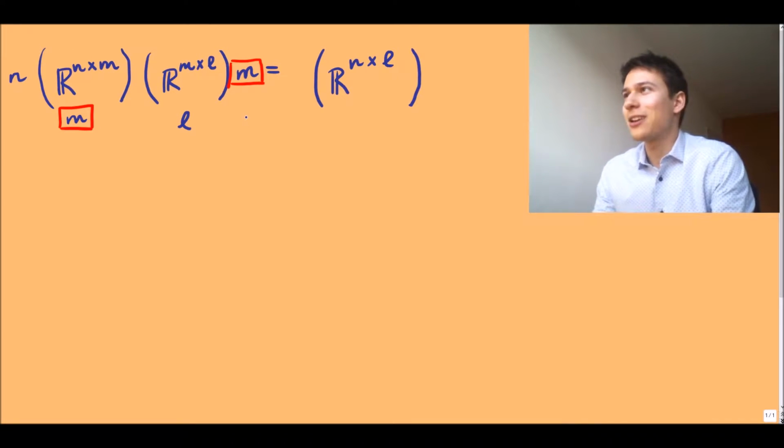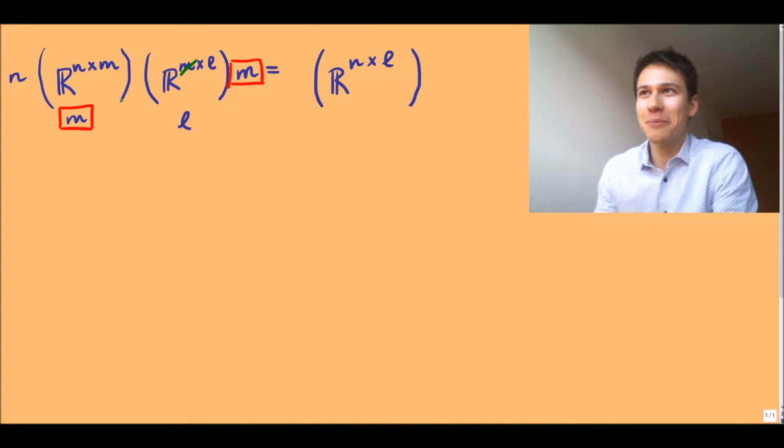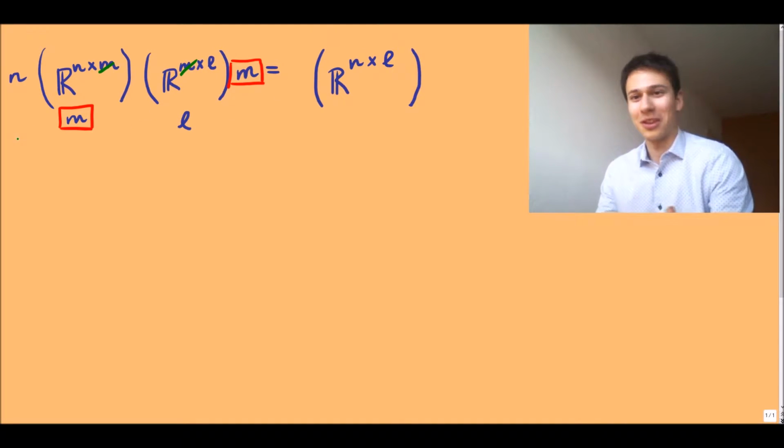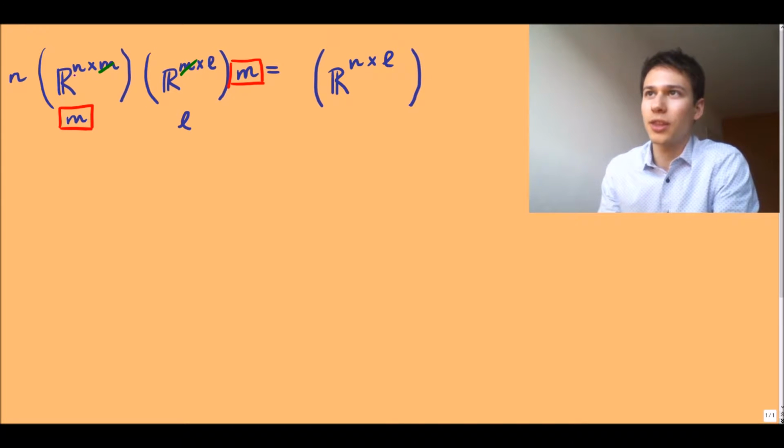Why? All you have to do is cross out this m and this m, basically the numbers which have to be the same in both matrices. And you are left simply with this n and the l. So basically the outer numbers, and you cross away the inner dimensions.